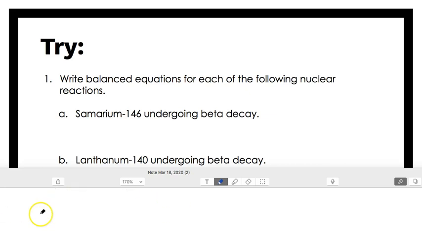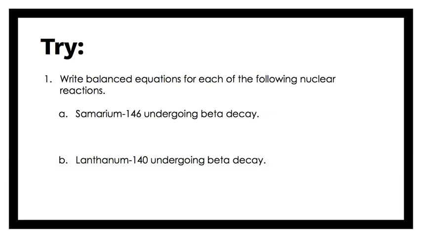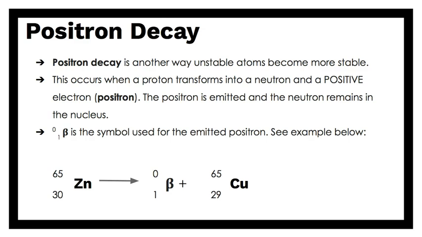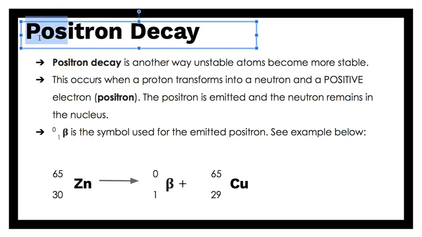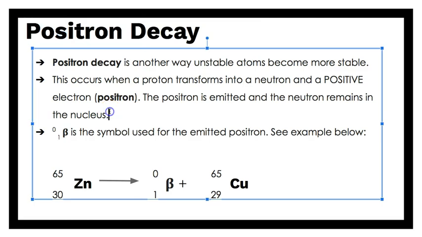All right, easy peasy. Next one, third one, positron decay. I think this one is very similar to beta decay. If you look here, positron has the word positive in it. It's really weird. It's basically a positive electron that is being emitted.